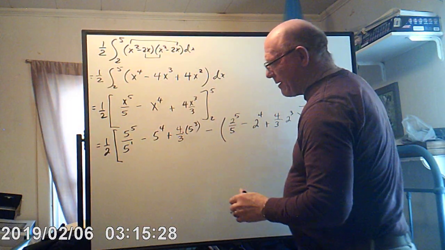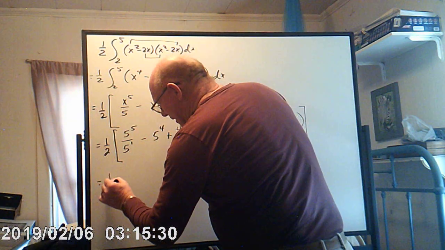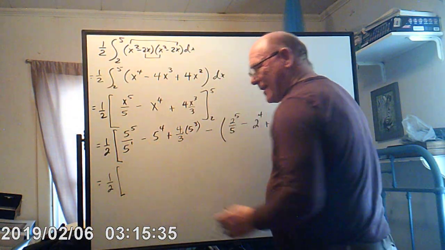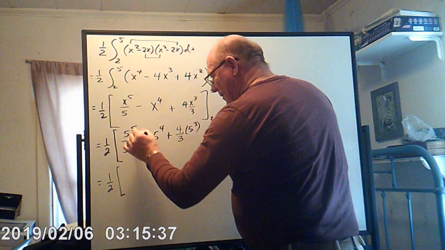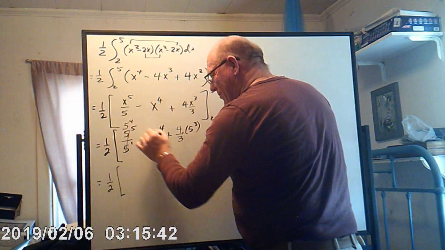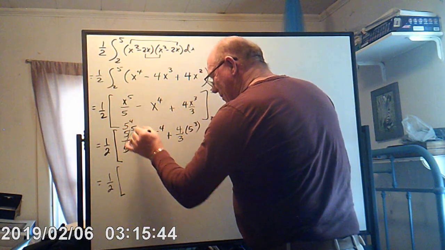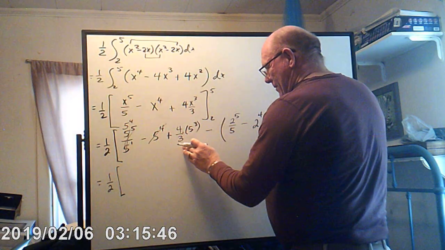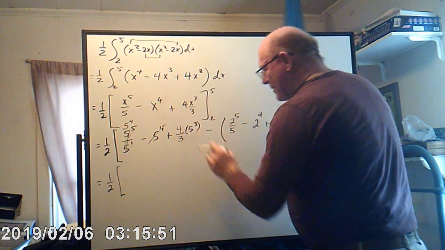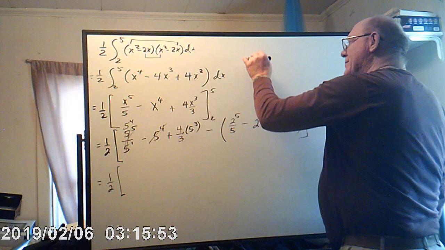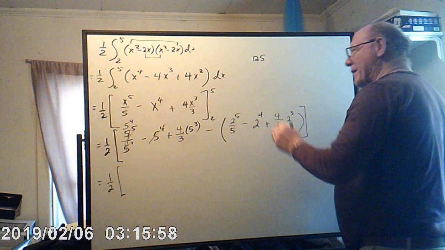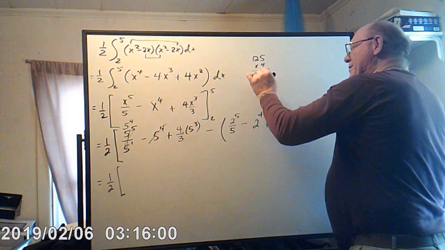Alright, now, equals 1/2. We can subtract exponents, can't we? This is really 5 to the 4th, isn't it? 5 to the 4th minus 5 to the 4th. So all of this is 0, isn't it? So let's figure this out right quick. Let's see, 5 cubed is 125. 125 times 4, I want to say is 500.